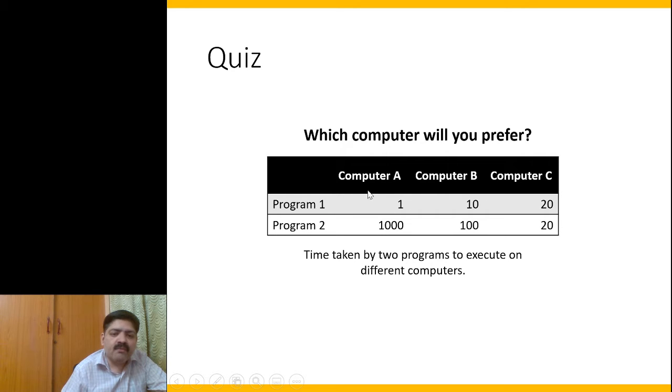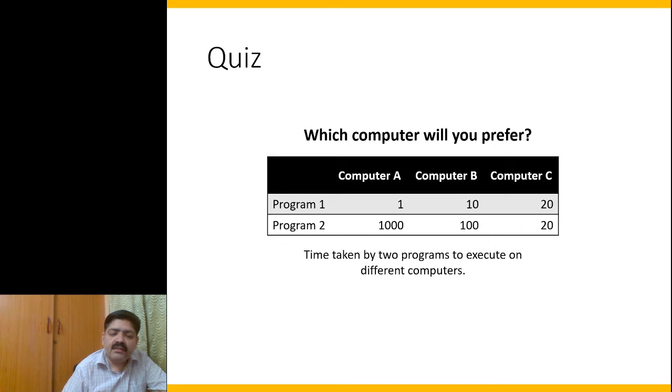So let's say program 1 on computer A takes 1 second to complete, on B takes 10 seconds to complete, and on C takes 20 seconds to complete. Similarly, I run program 2. Seems like program 2 is a larger program. It takes 1000 seconds on computer A, 100 on B, and 20 on C. Now, given this information, which computer would you like to buy and why?